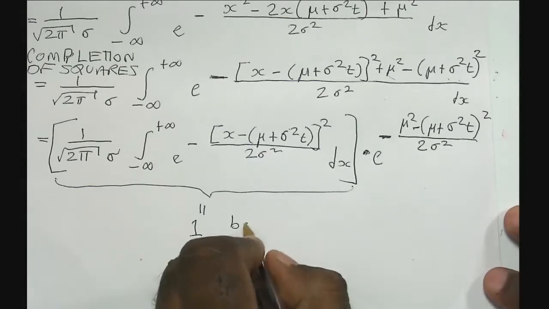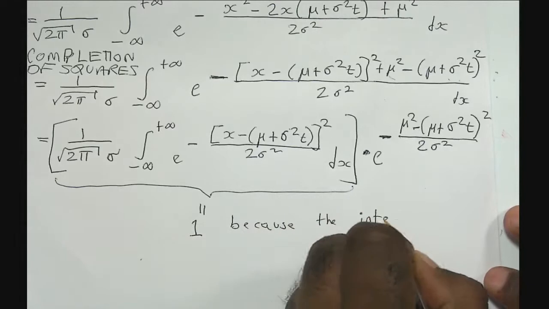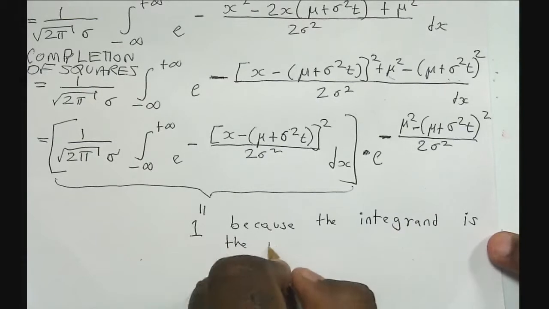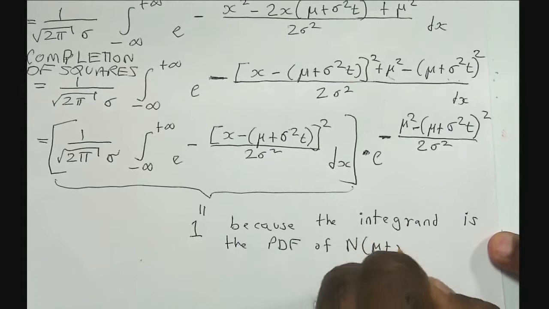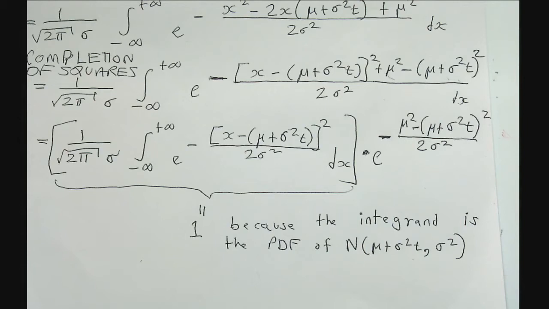Because what you have here inside the square brackets is the PDF of a normal distribution with the mean parameter equal to mu plus sigma squared t, and the variance equal to sigma squared.